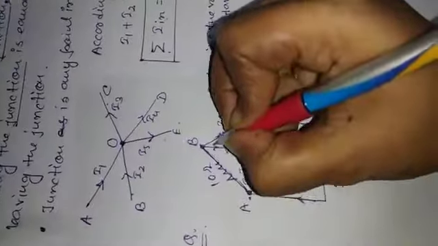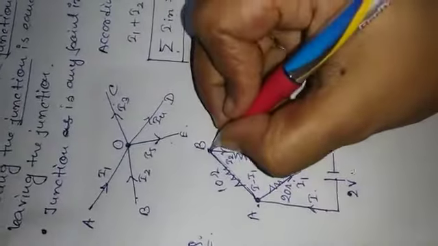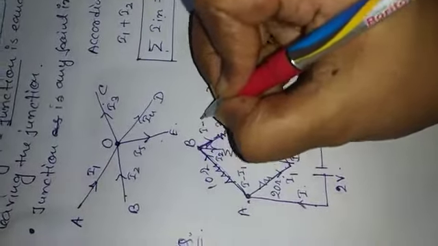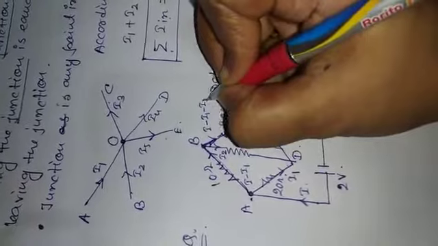Now again I am getting another junction. Here the current is, suppose, I2, so here the current will be I minus I1 minus I2.